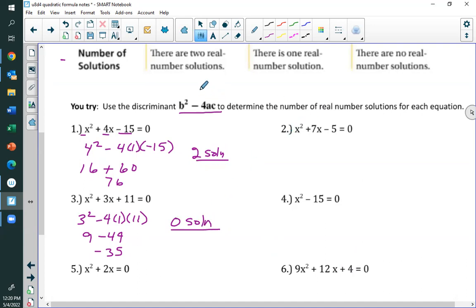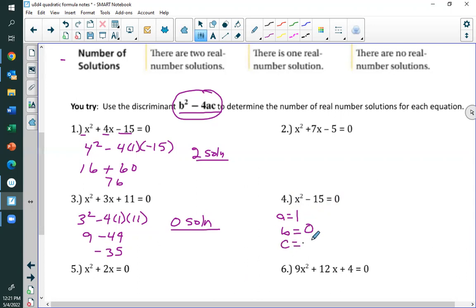Any questions on how we use this discriminant? How would you do it for number 4? So what's A on number 4? It's 1, whatever was before the x squared. What's B? Do we have a B term? No, it's 0x, there's no single x term.